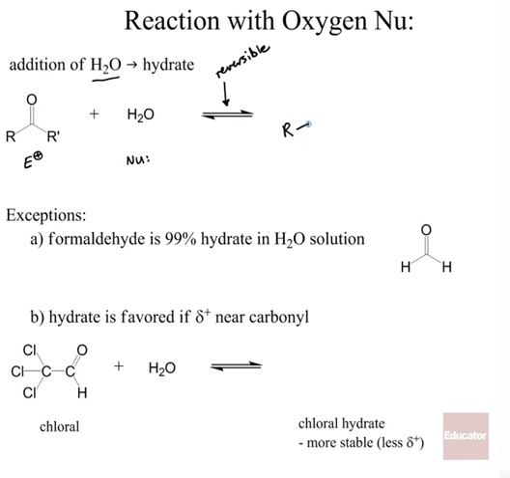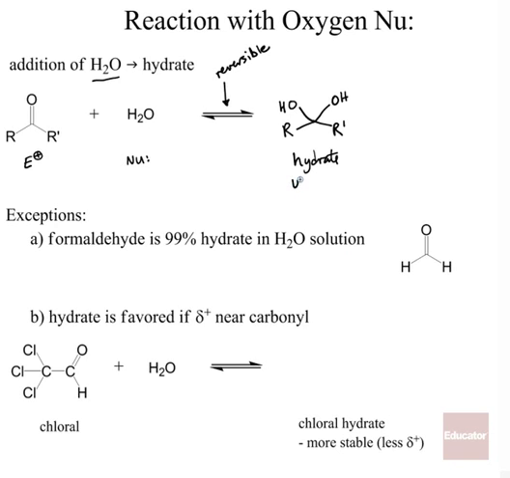We know that we end up with an OH where the carbonyl used to be, and if water was my nucleophile, we end up with another OH. So what we've done is we've added water to the carbonyl. The oxygen is a nucleophile, and then we protonate the original oxygen, and this structure is called a hydrate. It's called the hydrate of an aldehyde or a ketone because we've literally added water to it.